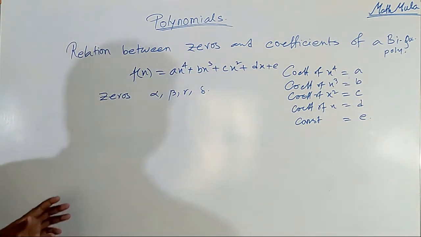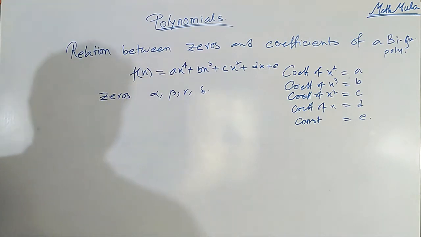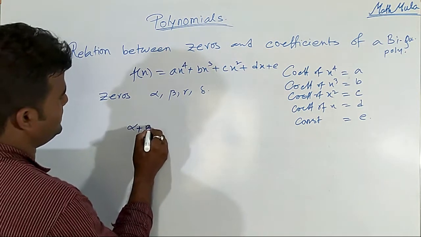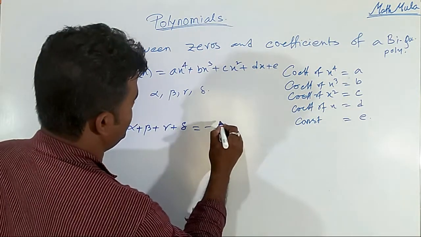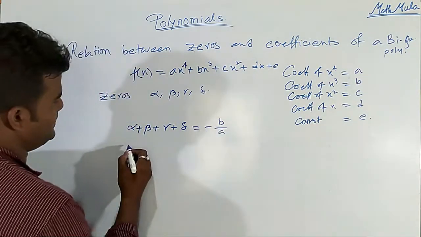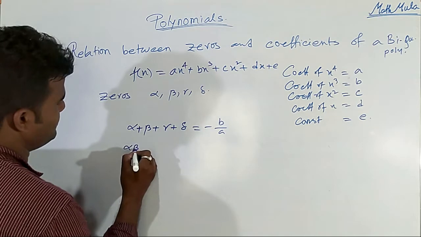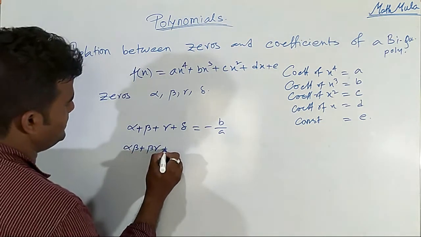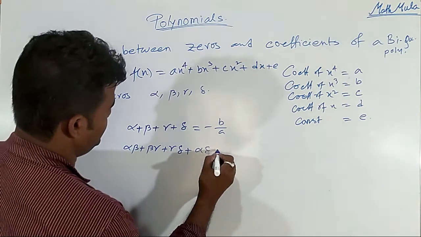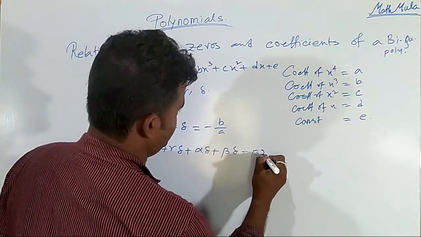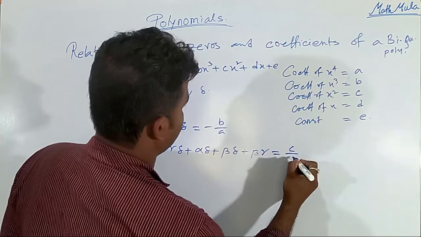And the relationship between zeros and the coefficients are: first relation, alpha plus beta plus gamma plus delta is equal to minus b by a. The second relation, alpha beta plus beta gamma plus gamma delta plus alpha delta plus alpha gamma plus beta delta is equal to c by a.